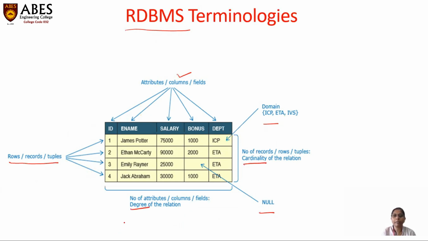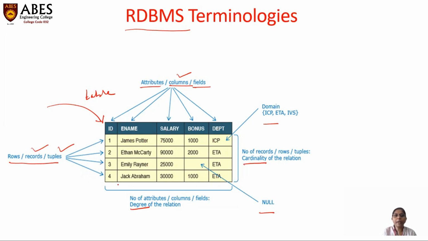So we will discuss one by one. In relational database management system, your data is being represented in the form of a table. And that table must include set of rows and columns. Each column represents your attributes or fields of that table. Rows represents records or tuples.